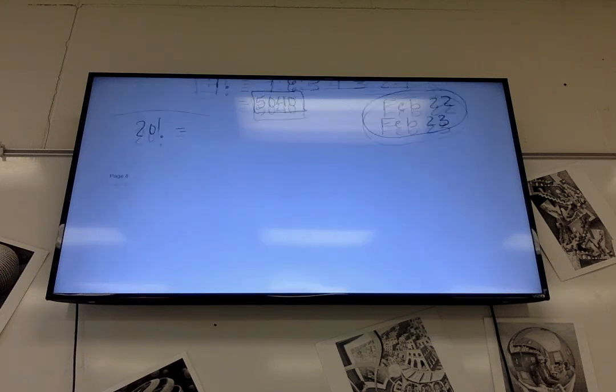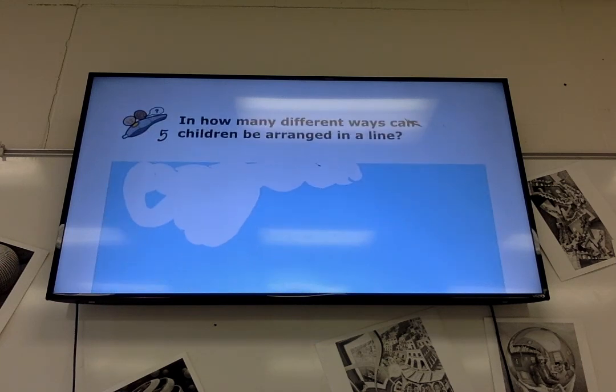Thinking about what we did, that thing we just did: 5 factorial. Grab a calculator if you haven't yet, because you might be able to do this one without a calculator, but they're going to get bigger.